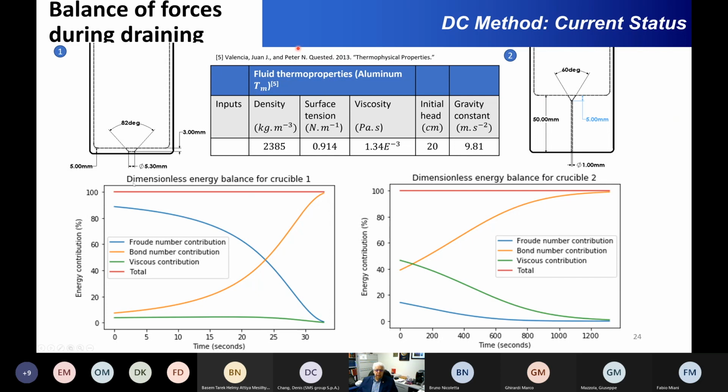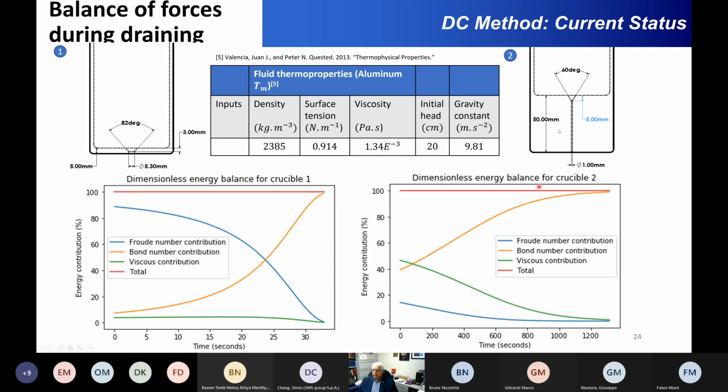And here you see when we run the model for those two crucible designs, this is the balance of forces, or the energy distribution, for crucible 1 and for crucible 2. This is the total that we see, the red line in both cases. The Froude number starts off being quite high and ends up being low. The Bond number starts off low and ends up high. And the viscous losses are relatively small with this kind of a design.